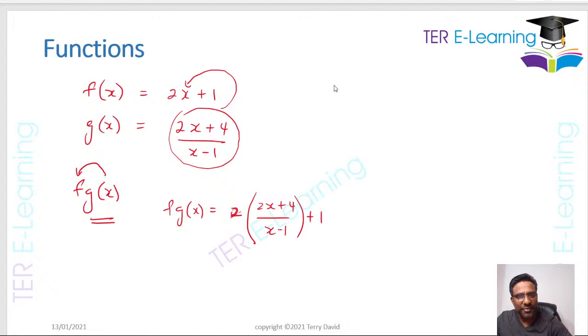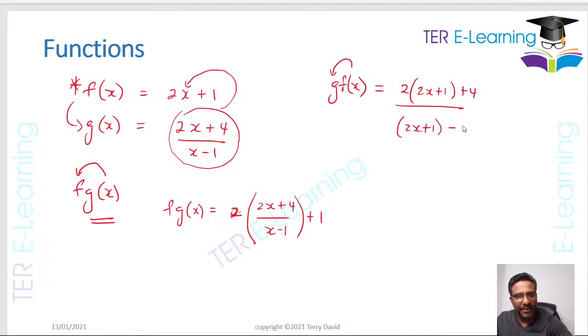They could also ask you to find gf of x. What that means is I'm going to take f of x and plug it into g. So I'm going to take whatever the value of f of x is, which is 2x plus 1, and plug it into this expression here. So that is going to be 2 multiplied by 2x plus 1 plus 4 over 2x plus 1 minus 1.